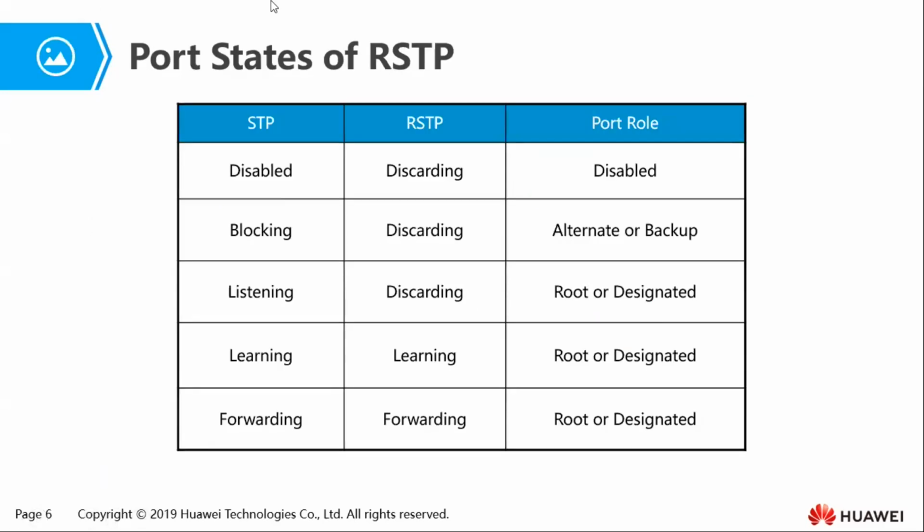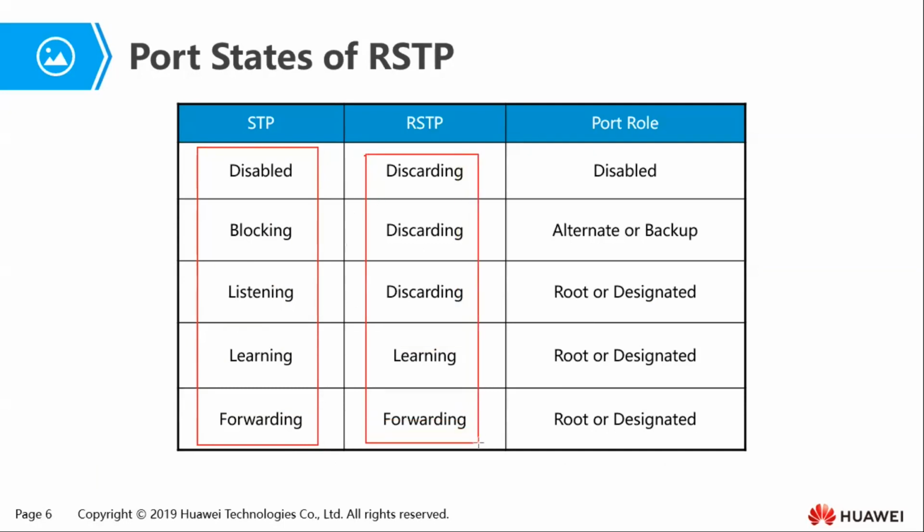Now, unlike in STP, where we have 5 port states, in RSTP we only have 3 port states: discarding, learning, and forwarding. You need to know some of the port roles that can be on each of the states.